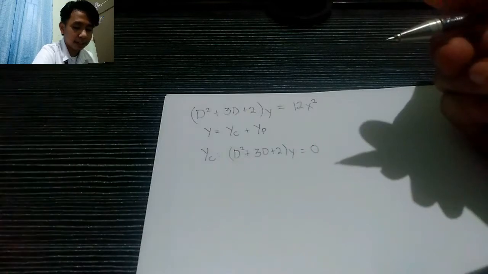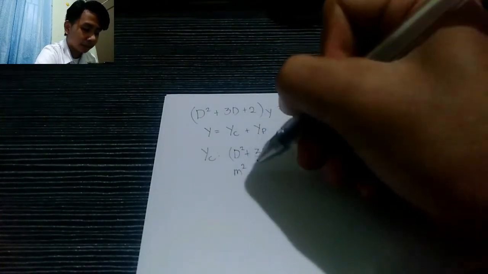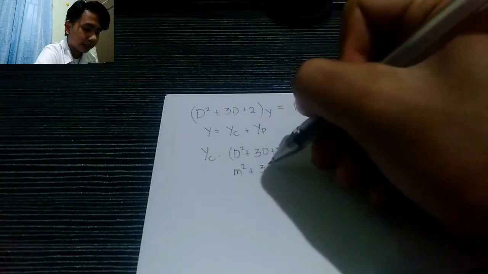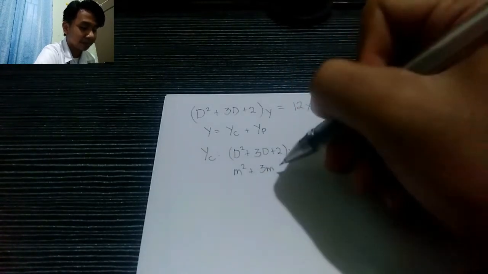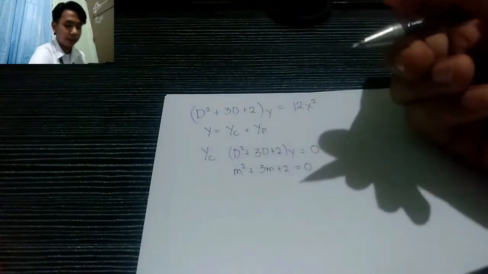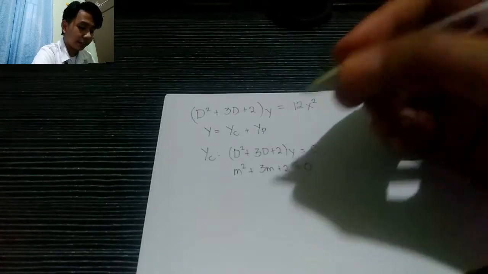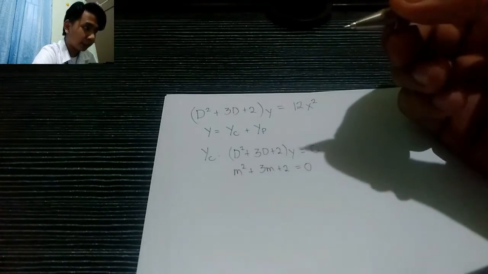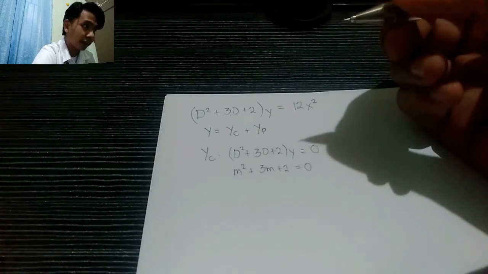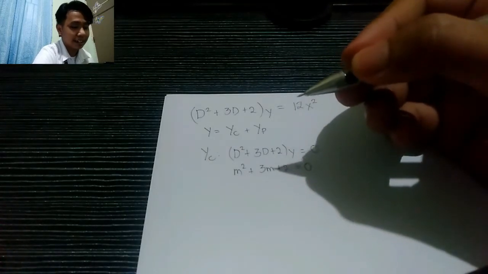Then, palitan natin ng m yung mga d. M squared plus 3m plus 2 equals sa 0. Huwag natin sulat yung y. Pwede naman isulat yun. Then, factor natin siya. So, isip tayo ng number na kapag pinag-multiply ay 2, then kapag pinag-add ay 3.